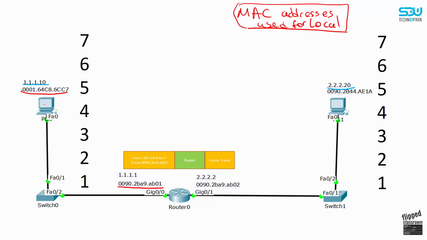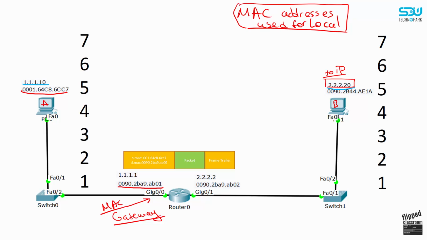So when we are sending information from computer A to computer B, we send information to the IP address of computer B, but we send our information to the MAC address of our gateway if we are communicating with different networks. So this is our gateway, and we send information to the MAC address of our gateway.